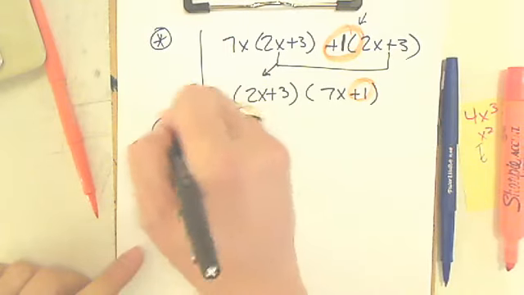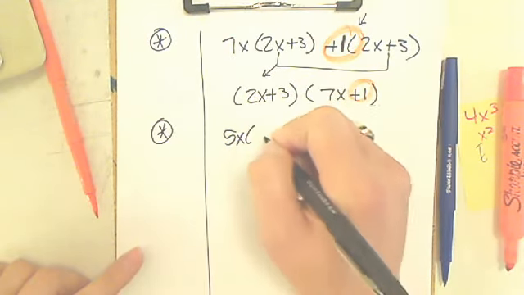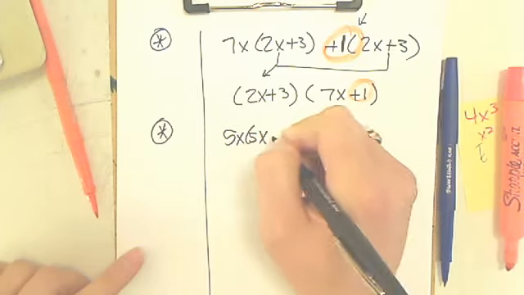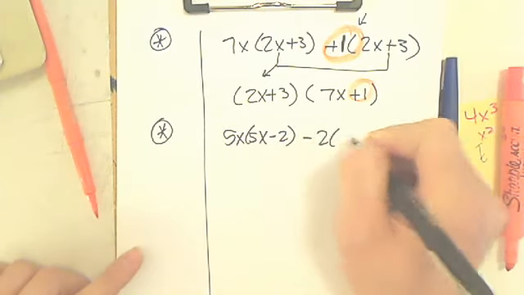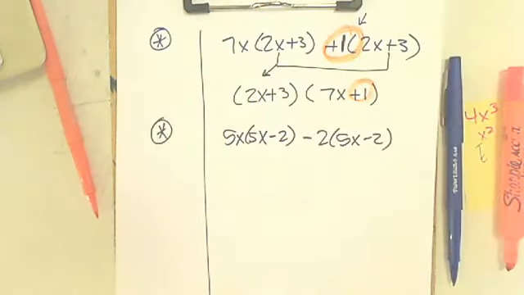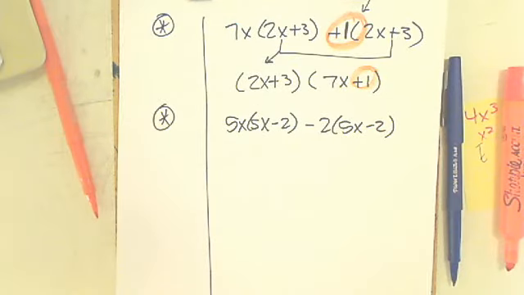This is another special one. 5x times 5x minus 2, times 5x minus 2. There are two possible answers, but there's one that's better than the other. Clean it up. This one you need to clean up.